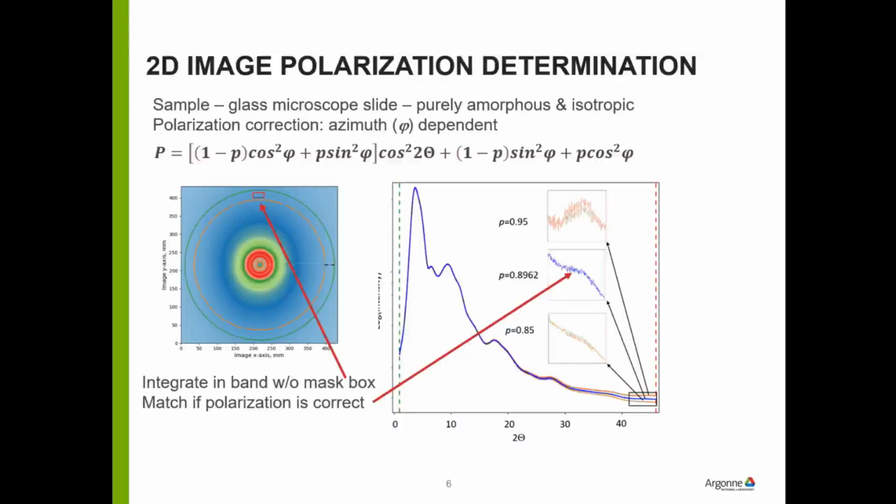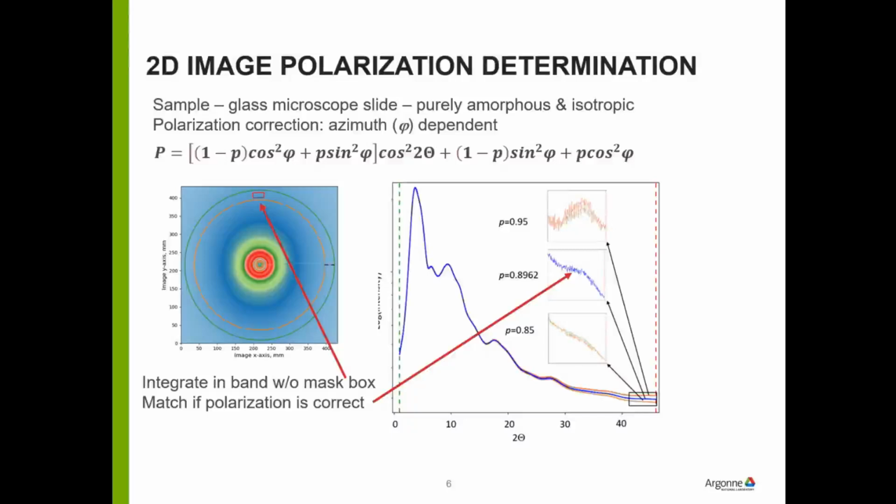So if you look very carefully at this plot, and it's a little hard to see, but perhaps you can see it, here the 2 integrations are slightly different with a polarization of 0.95. And here again, they're slightly different again with a polarization of 0.85. When you adjust the polarization to be that number, the 2 integrations are exactly the same.